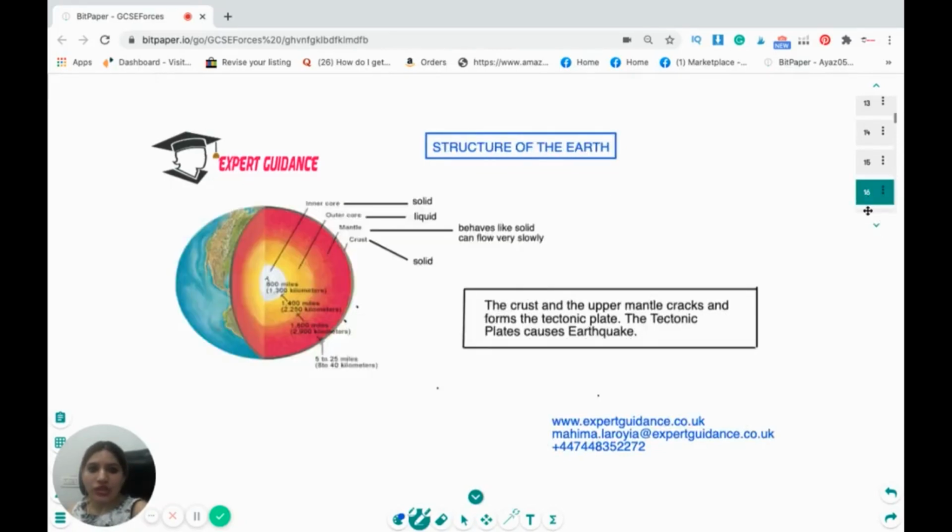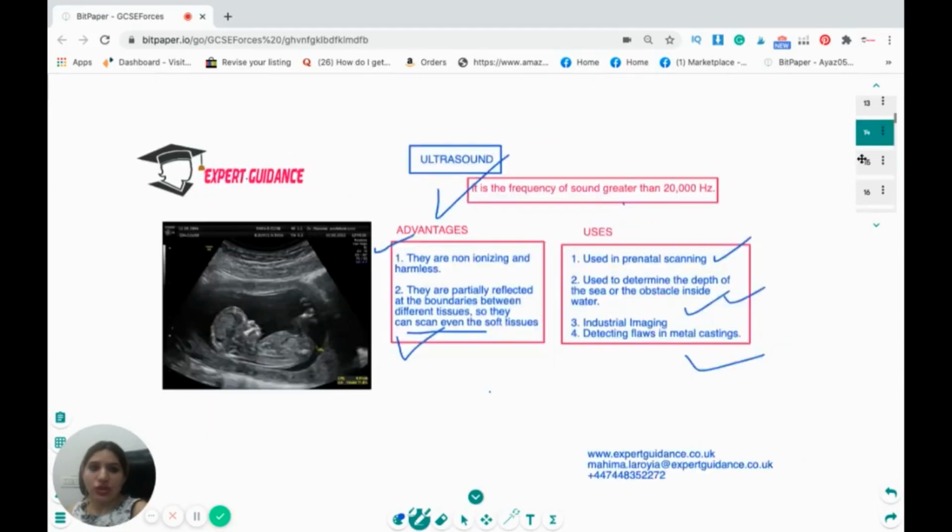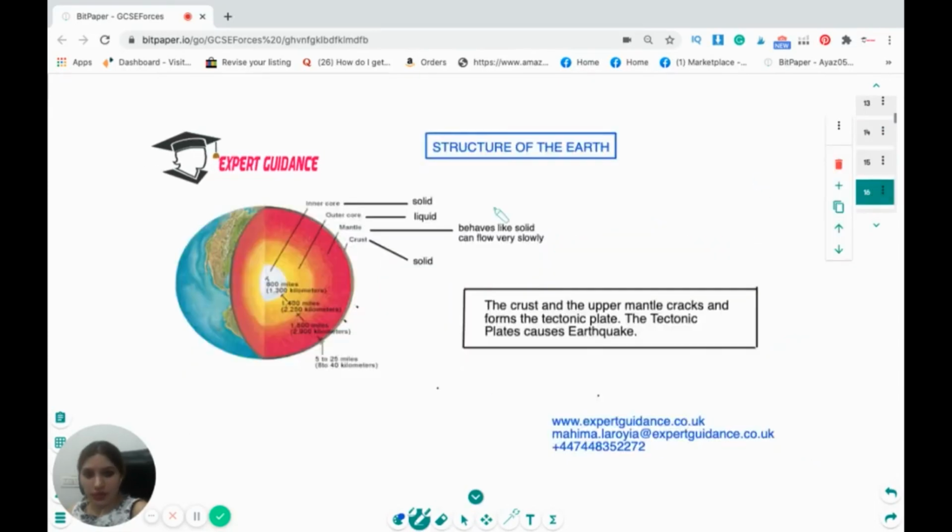Now, what you need to do next is the structure of the Earth. Now, we know that Earth has a core, and then the mantle, and then the crust. When we talk about the core, there is the inner core, and then the outer core.